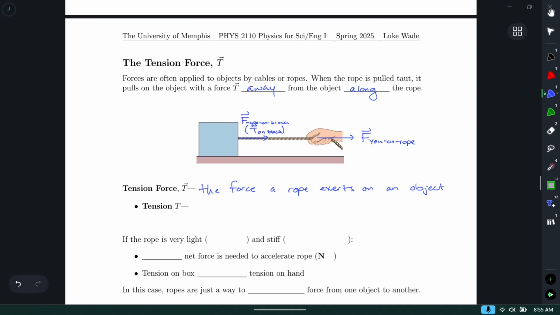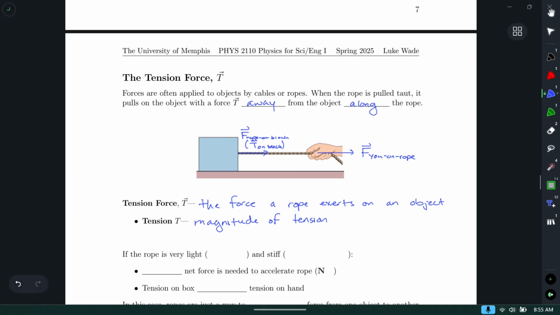And then we usually use tension to just mean the size of it. So throughout direction, then you just call it tension. I kind of use them interchangeably. Usually context makes it clear. So anyway, what we need to justify is that this force that you're applying to the rope is equal to the force the rope applies to whatever's attached to the other end.